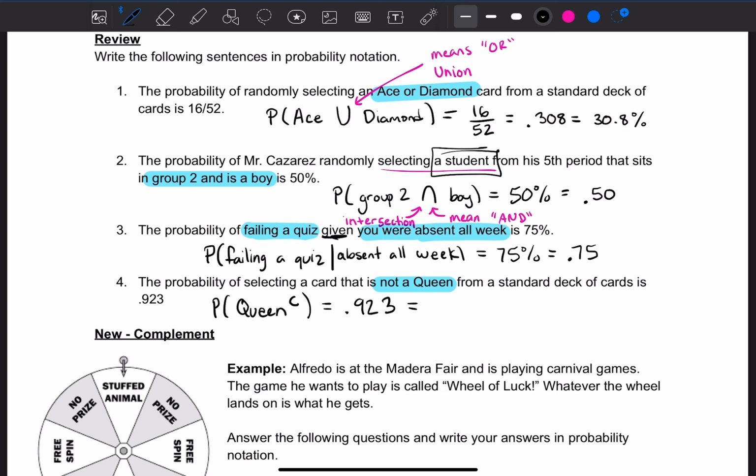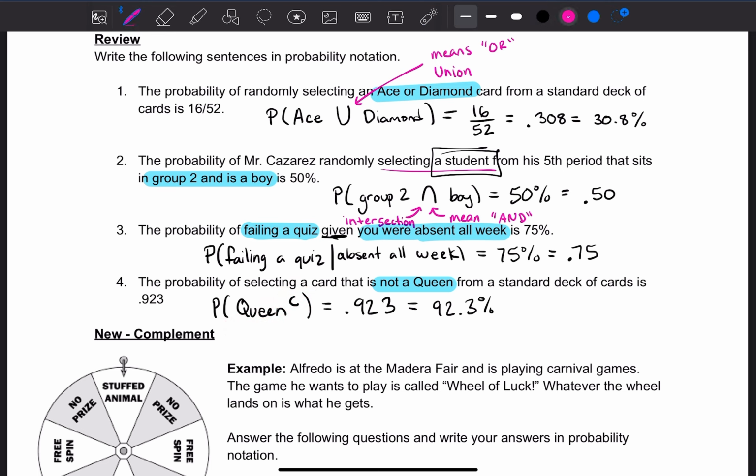And as a percentage, it would be 92.3%. Now, how you read this is the probability, remember, this means not a queen or anything but a queen. Okay, that's what that little C means, anything but a queen, not a queen.